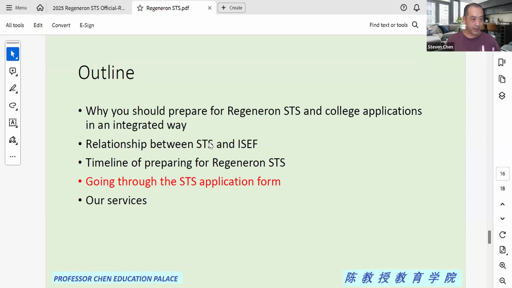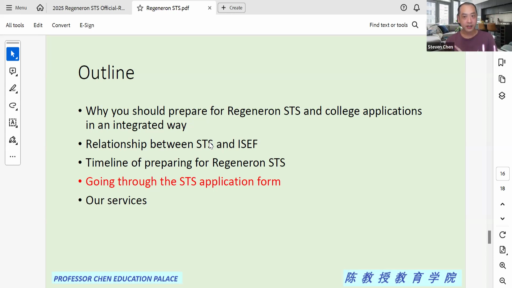Another question: if I'm accepted into a research program, such as PRIMES or SSP, can I use my research from that program to apply to STS? Yes. The answer is yes for STS.